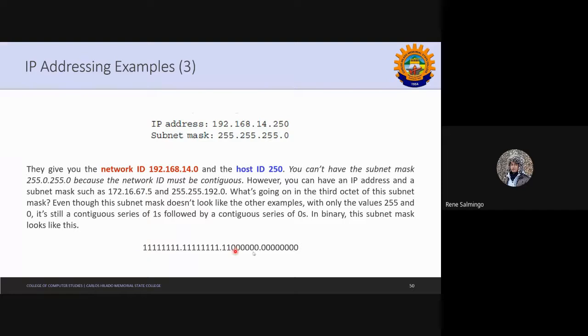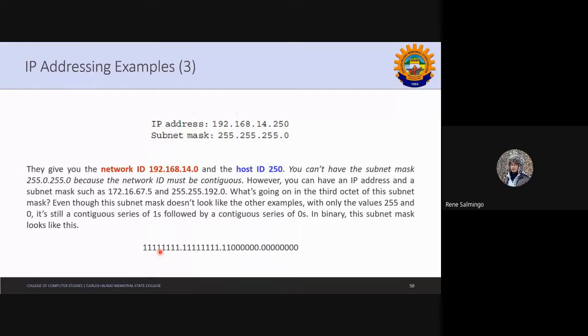So this one, what is the value of this? Anybody? What is the value of this in decimal? Again, what is the value? So 255, that's correct.